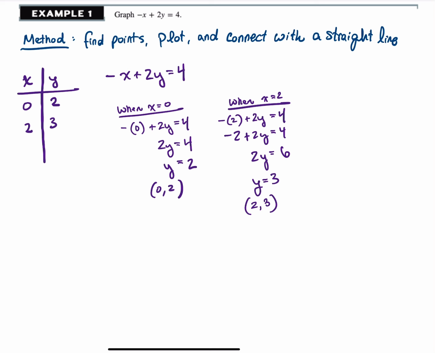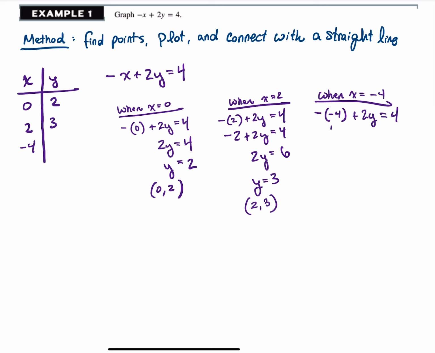And then let's pick another point, maybe something negative, like negative 4. So when x equals negative 4, I'm plugging into x, so I already have a negative, and this is part of why I use parentheses to help me see. I'm going to have a double negative there. So negative negative 4 plus 2y equals positive 4.